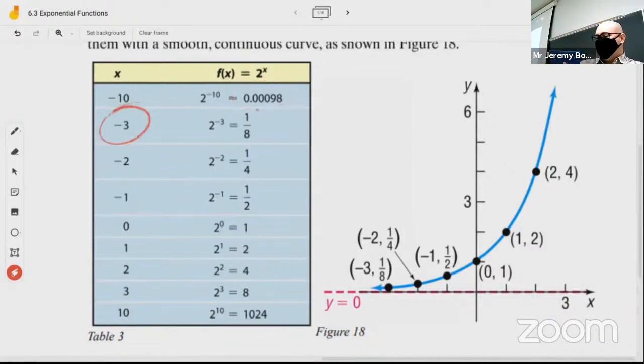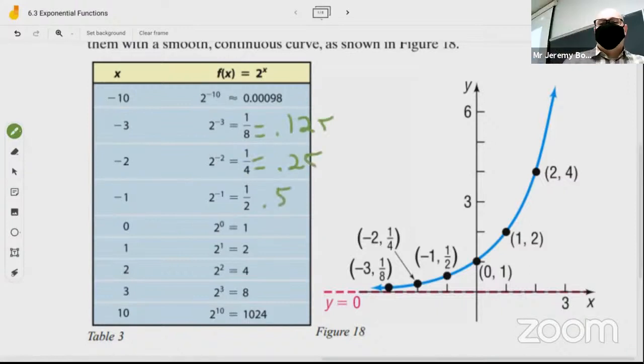To the negative 3 is going to be 1 over 8, which is 0.125. 1 over 4 is going to be 0.25. 1/2 is 0.5. And notice that once the x values are no longer negative, we don't have any more decimals or fractions.